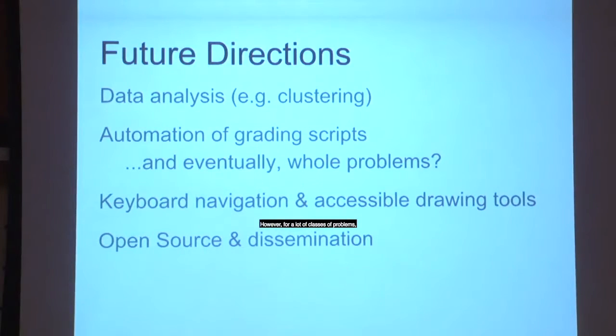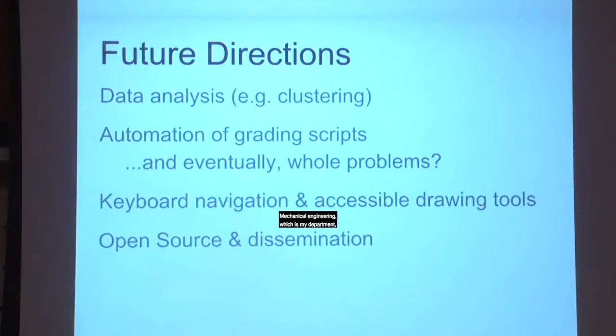However, for a lot of classes of problems, such as rational functions in calculus, it might be a lot more convenient to simply have a semi-automated grader which we can feed a function and tell it to check for slopes, curvatures, and asymptotes, and simply have it generate all of the criteria necessary.